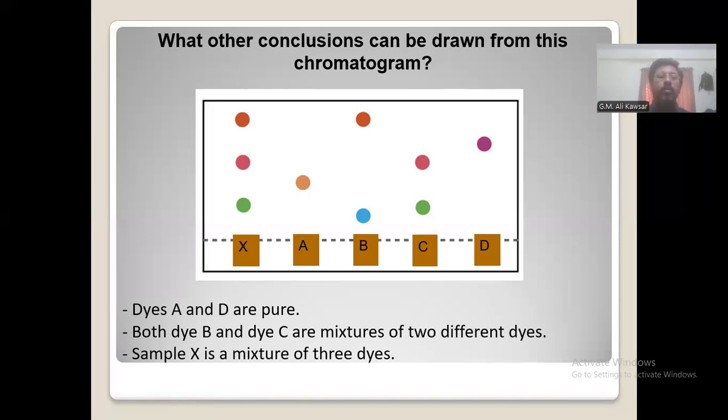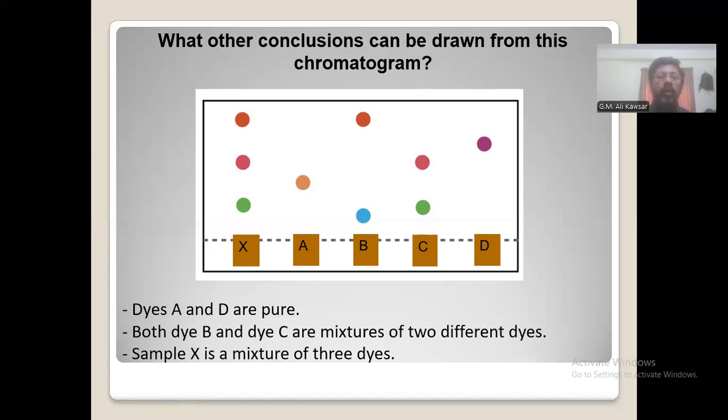Here is another example. Sample X is a mixture of three dyes. You can see three different colors, three spots we got from X. Both dyes B and C are mixtures of two different dyes.